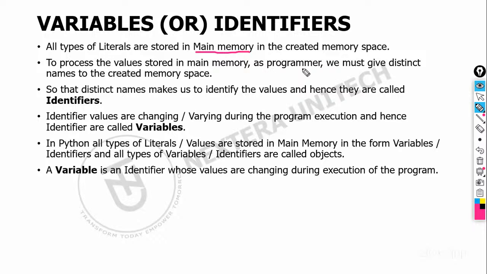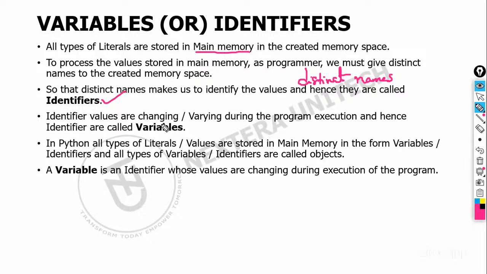Some distinct names have to be provided so that these values get stored for the names. For different values, we should come up with distinct names. These different names have to be identified, and they are nothing but identifiers.